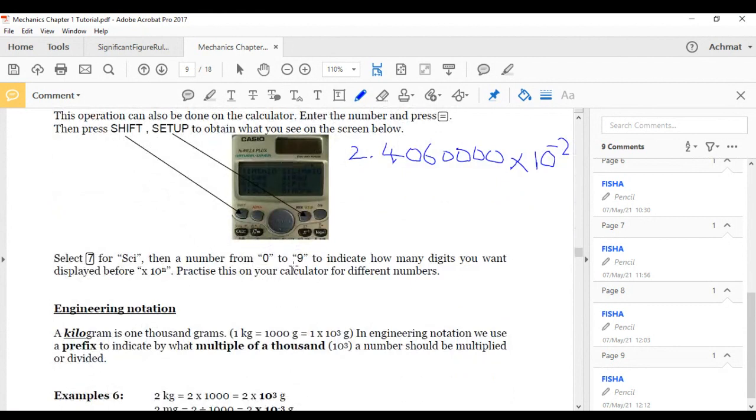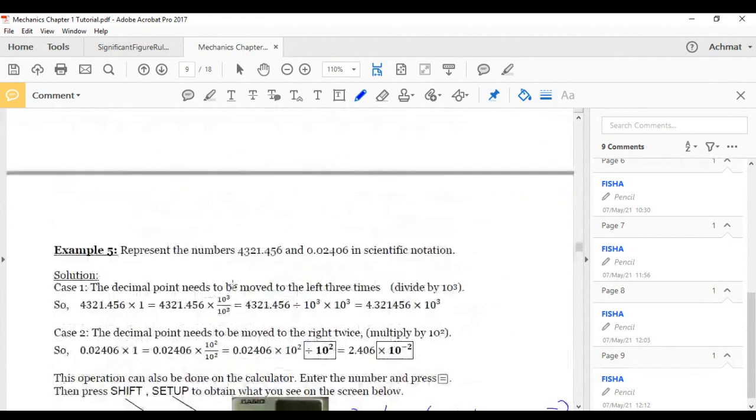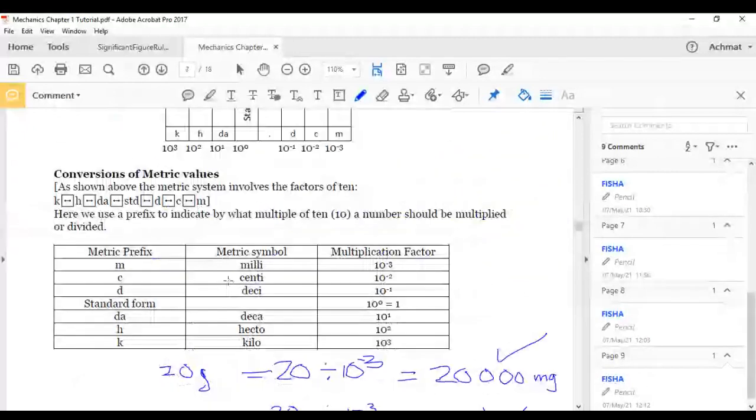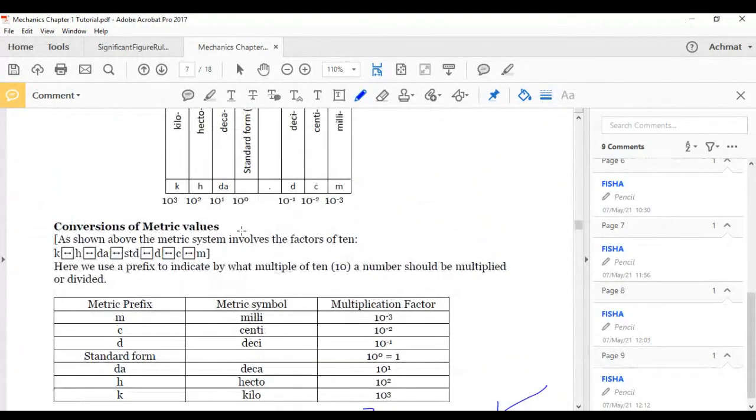Okay, right. Next thing that we can speak about is engineering notation. In engineering notation, we're going to use other prefixes. This what we had here is what we call the metric, from standard form up to kilo, from standard form up to milli.